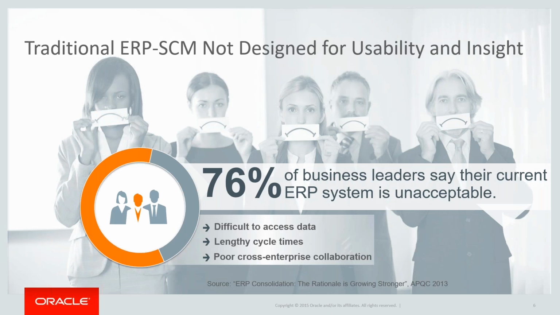Now, one of the key things that we've also heard is over 3/4 of the executives who are using ERP applications in their organizations are all saying that it is difficult to access data, the cycle times to make changes, etc., are too long. Collaboration across the enterprise and with your trading partners is not what it needs to be.